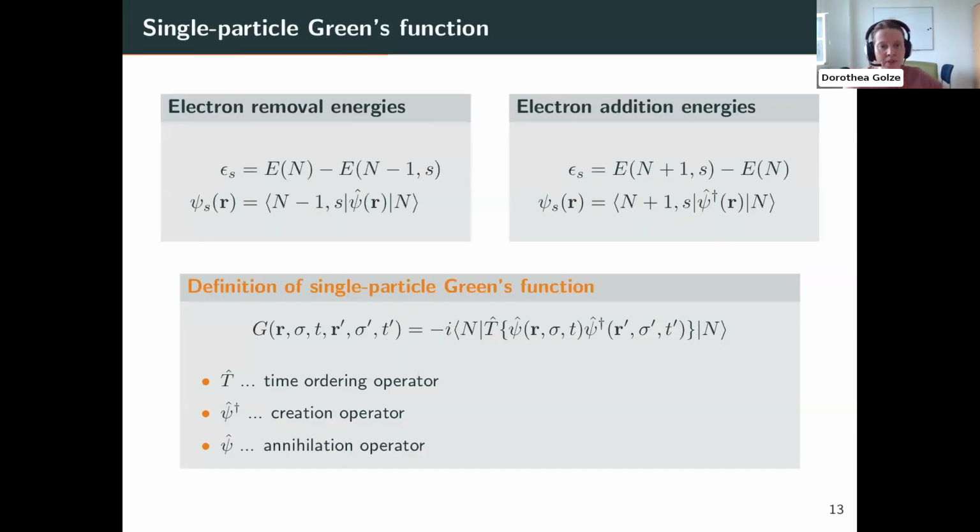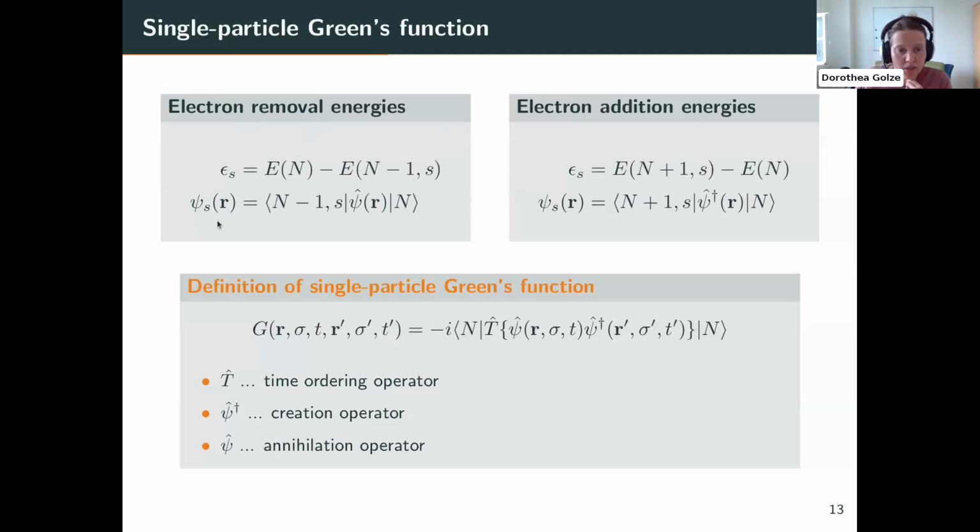And to show this equation again, how is the electron removal energy defined? Basically as the total energy of the N-electron system minus the energy of the system where one electron has been removed from state s. Similar for the electron addition energies, but here we have the system where we added an electron in state s.